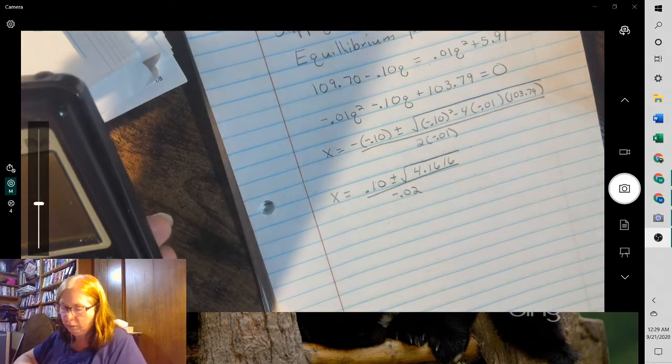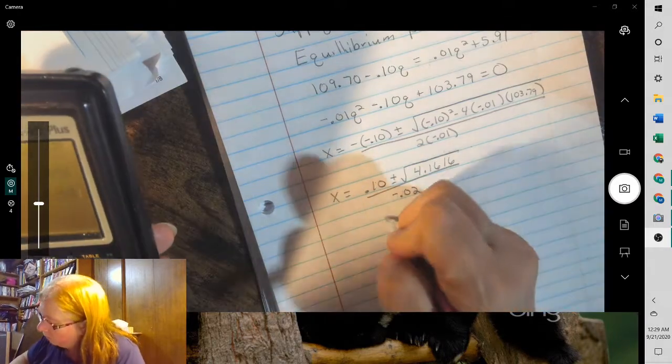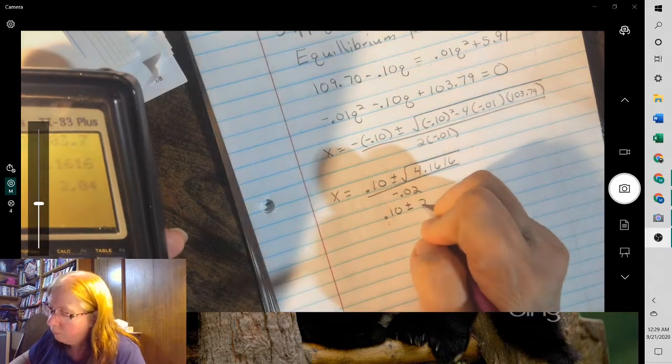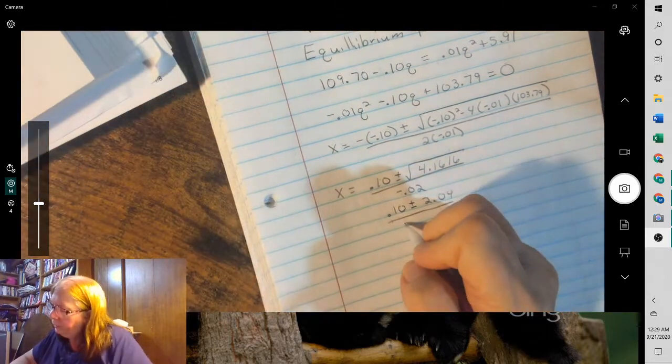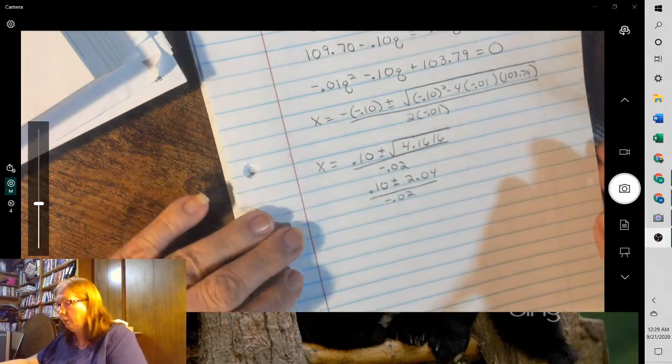And if we take the square root of that, you should never round until the end. So even if you keep the whole decimal in your calculator, but this one came out nice.